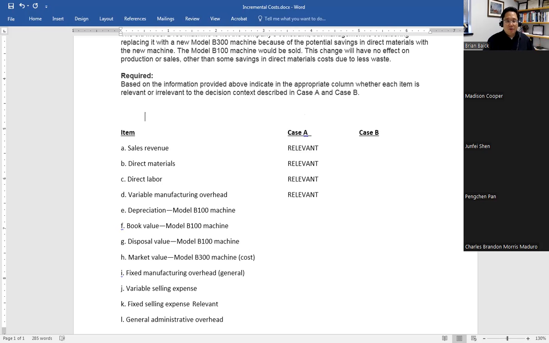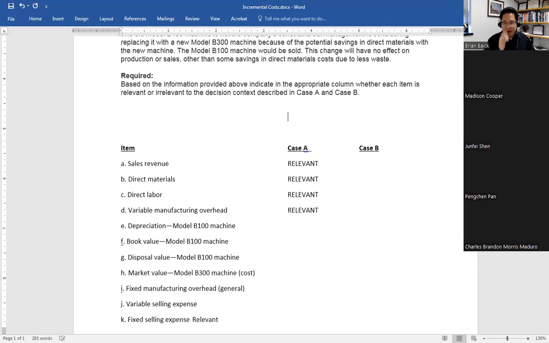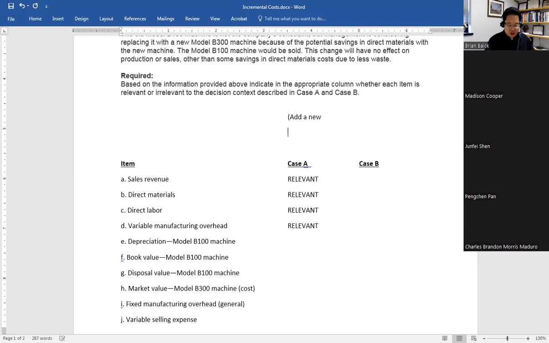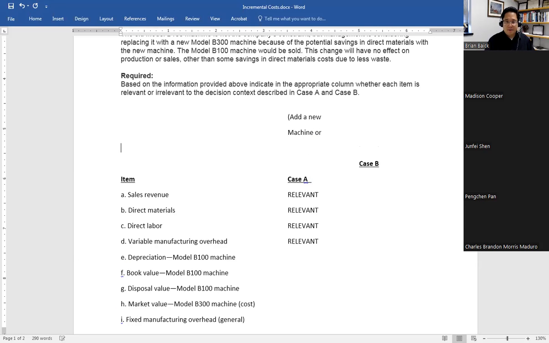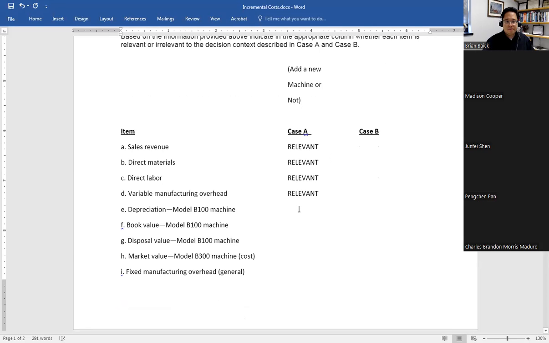Now we can go back and say that for case A, the incremental analysis decision is whether to add a new machine or not. What about the depreciation on the old machine?